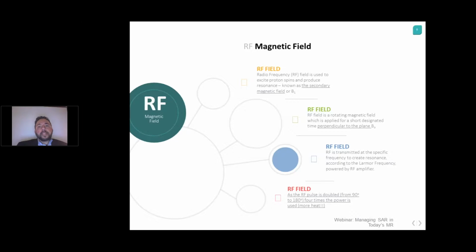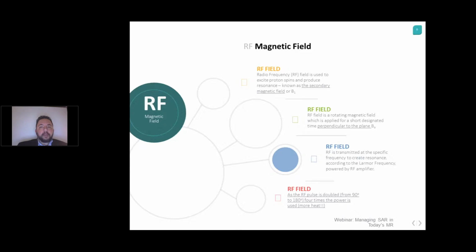So the RF magnetic field briefly is used to excite those proton spins and produce resonance. It's taking the vector that was established by the static magnetic field and eliciting a signal out of the patient. This is known as the secondary magnetic field, or B1. The RF field is a rotating magnetic field that is applied for a short designated time, and this is always perpendicular to the plane B0.